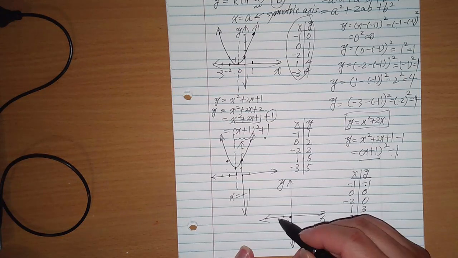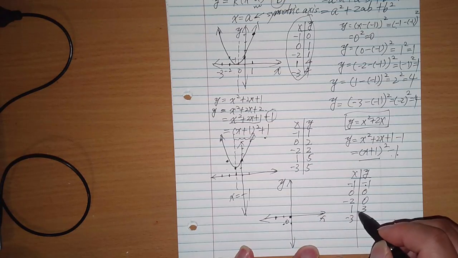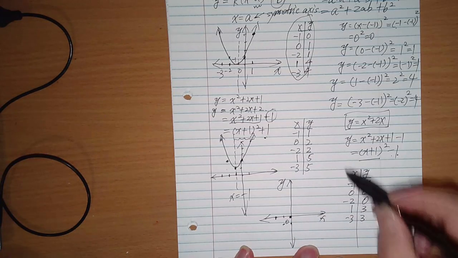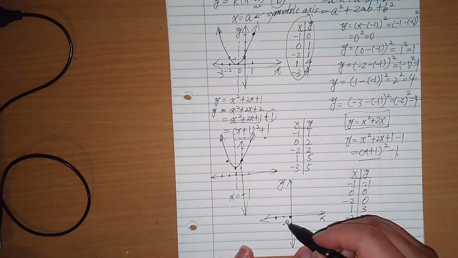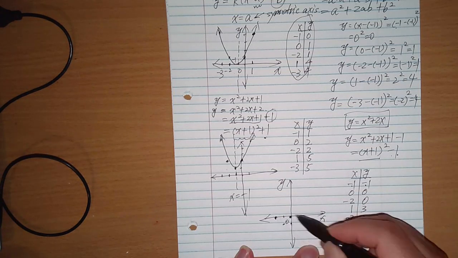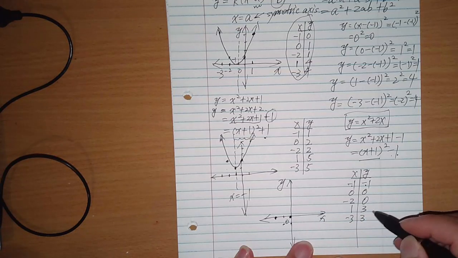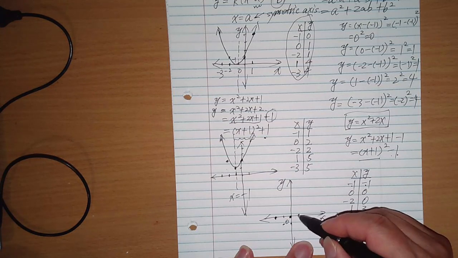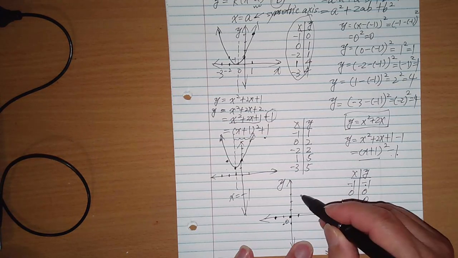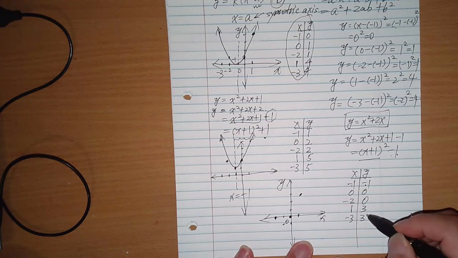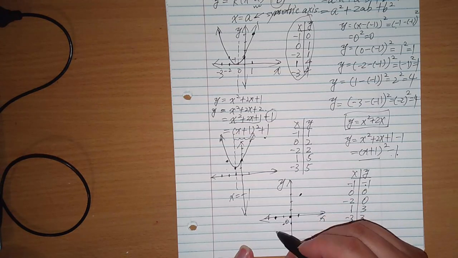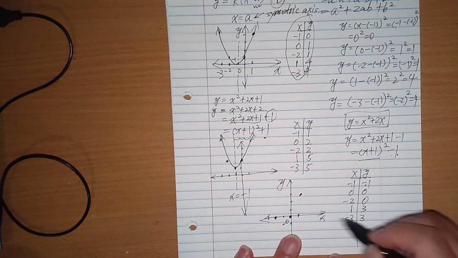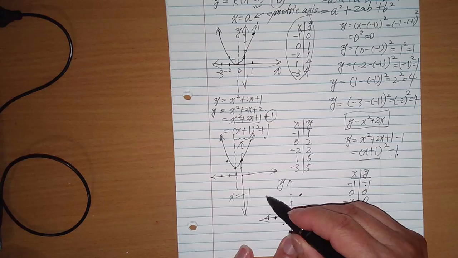When x equals negative 2, it will be 1 subtract 1 equal to 0. Oh, I'm sorry, my bad. When x equals 1, y equals 3. 1, 2, 3. When x equals negative 3, which is 3, 1, 2, 3.